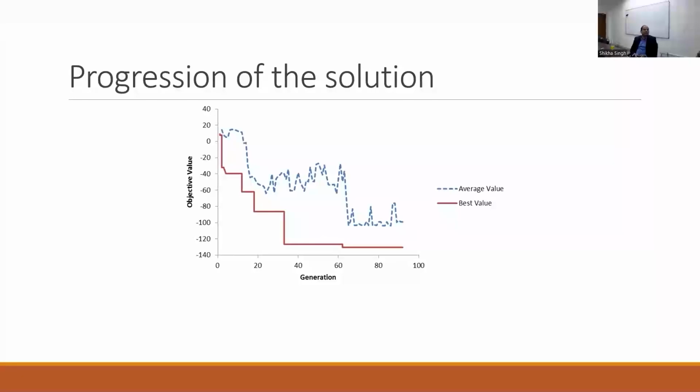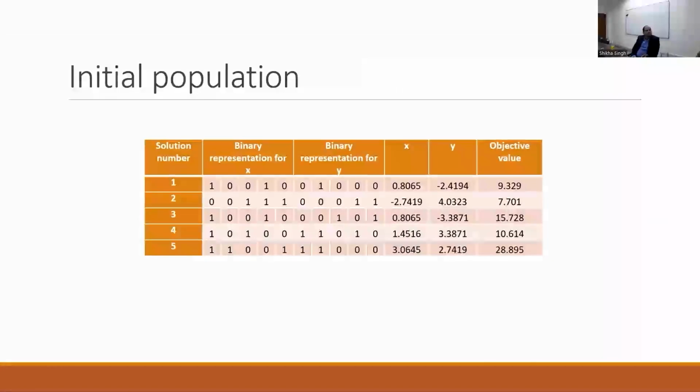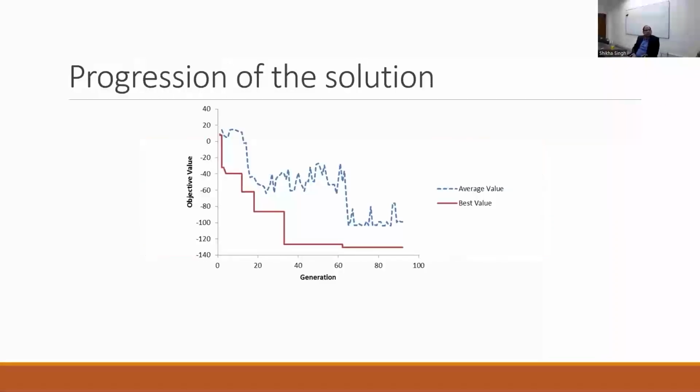So here's the progression of the solution. I just wrote a simple math code that takes those initial solutions, implements crossover, selection, and mutation, and then finds the solution after that. And I think my population size was only 5. Okay, so only 5 here together.